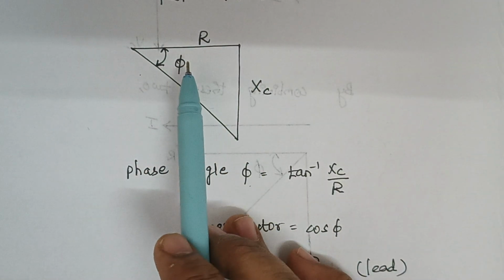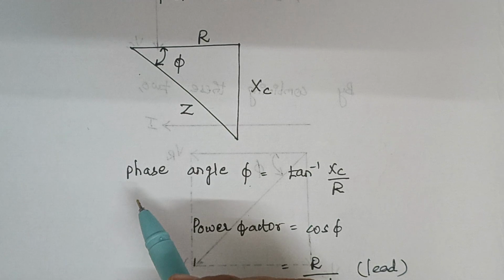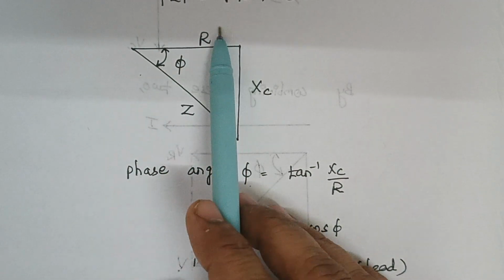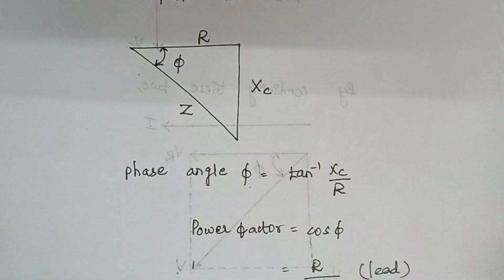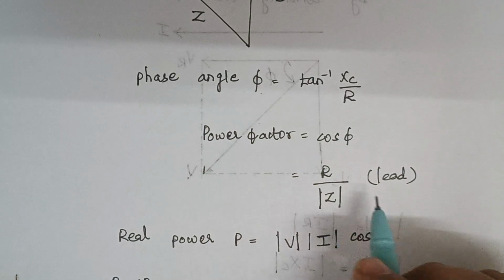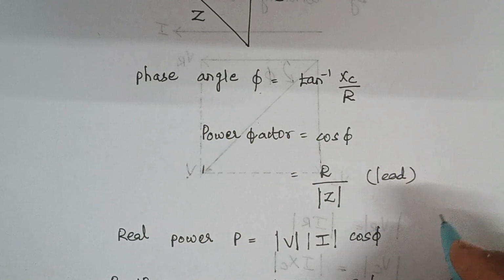When you calculate cos phi from this triangle, what is the formula for cos phi? It is adjacent by hypotenuse. Here the adjacent is R and the hypotenuse is Z. Therefore it is given by R by Z, and this is a leading power factor.